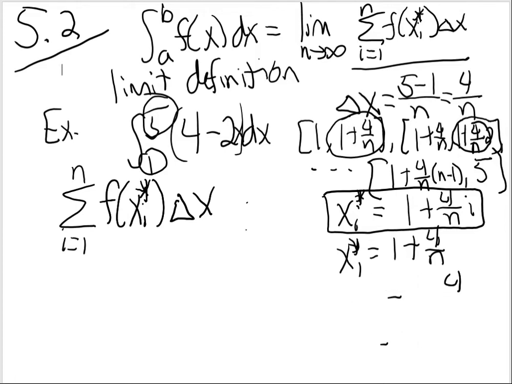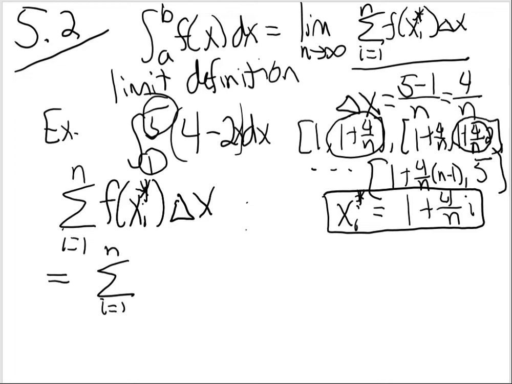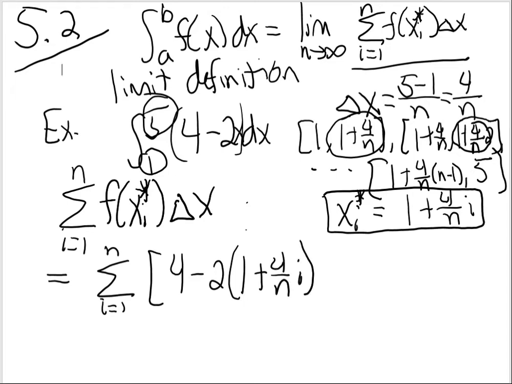Okay, so let's go back to our sum. This sum is going to be equal to the sum from i equals 1 to n of what? Well, f is 4 minus 2x, so this is going to be 4 minus 2 times 1 plus 4 over n i, times delta x.